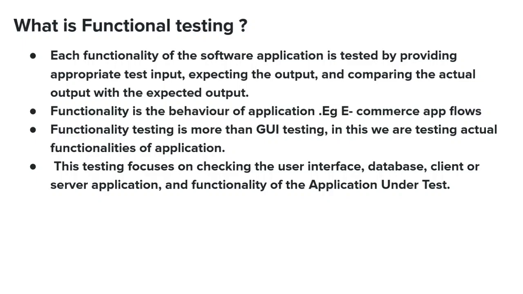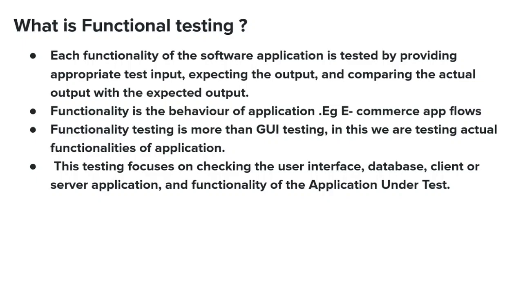We have to write test cases that cover all the functionalities and flows given in the requirements. When the developer gives the build or developed functionality to the tester, we perform the test cases on that. We perform the test execution and we expect the output. And whatever the output is, we compare it with the expected output.